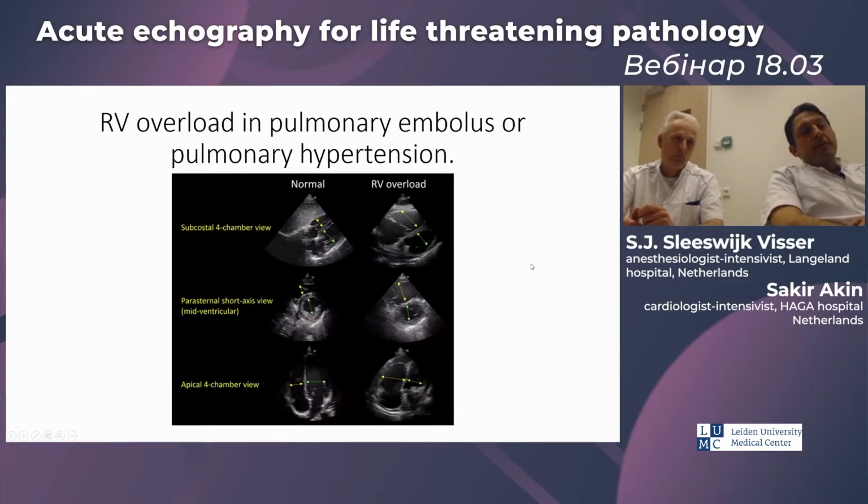So if we go further back to the subcostal area to differentiate between right ventricle volume overload or pressure overload, we can use the normal view of the heart, where the right to left ratio is below 1/3.